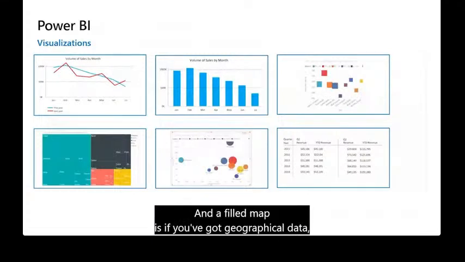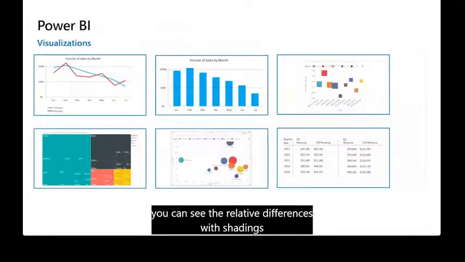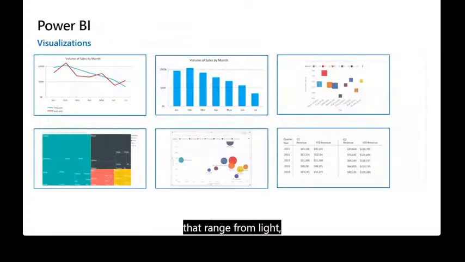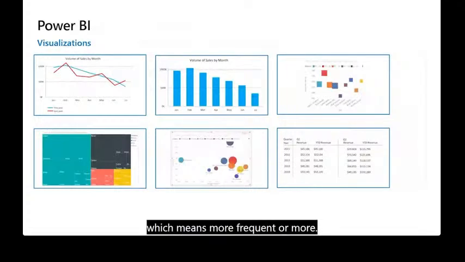And a field map is, if you've got geographical data, you can actually use a field map to display how a value differs in proportion across a geography or region. And so you can see the relative differences with shadings that range from light, which generally means less frequent or lower, to dark, which means more frequent or more.